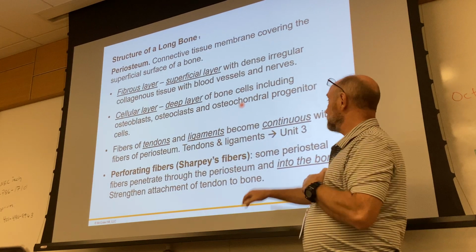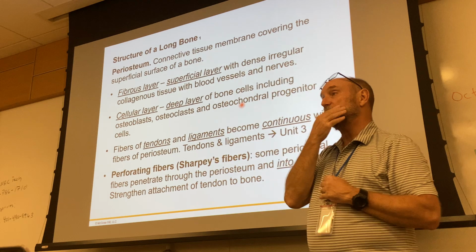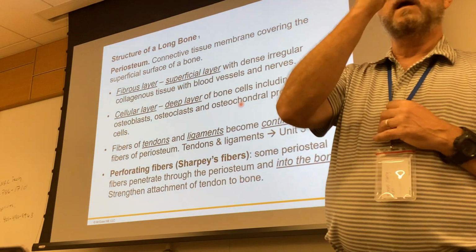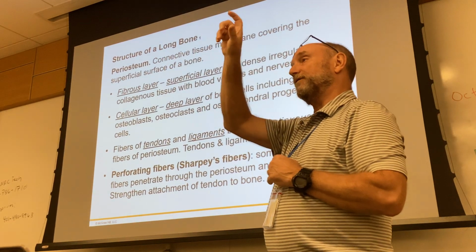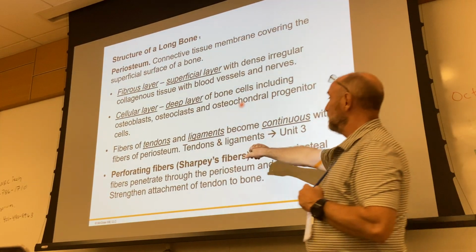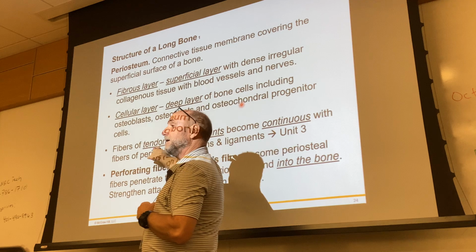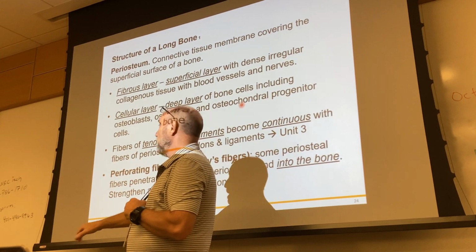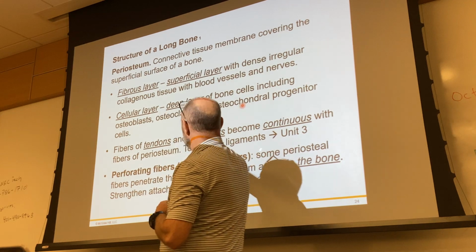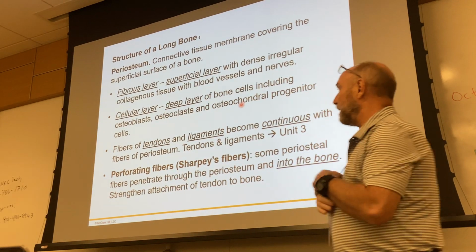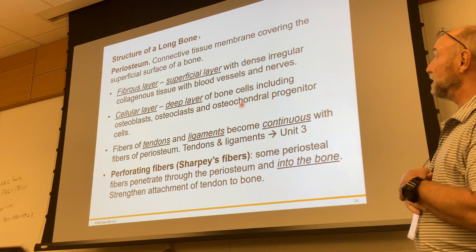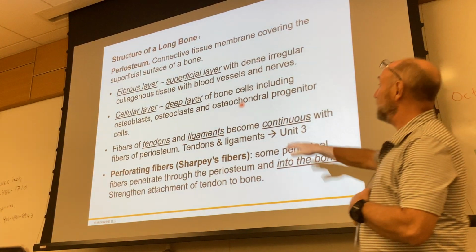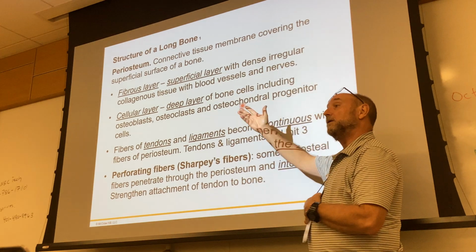So when we start unit 3, I'm going to do a drawing, and that drawing is going to draw that femur again, and we're going to start at the femur, and we're going to draw a tendon, and then we're going to draw a muscle, and then we're going to get to that skeletal muscle. So the ligaments and tendons are derived from the periosteum, and particularly from those osteoblasts and those osteochondral progenitor cells, right?